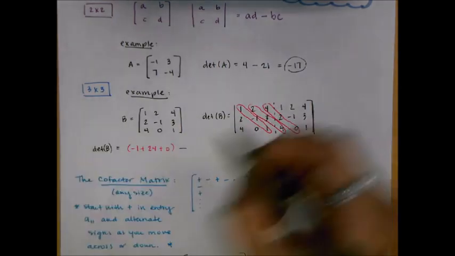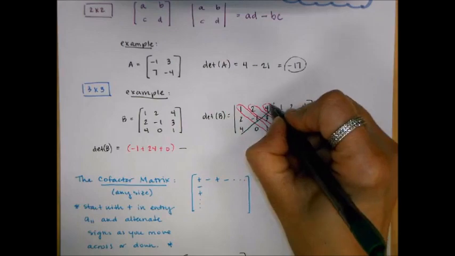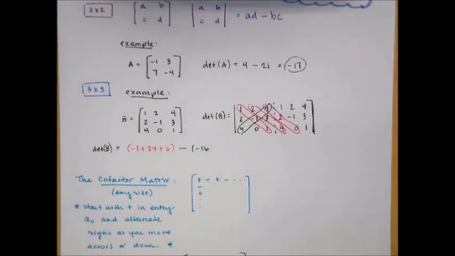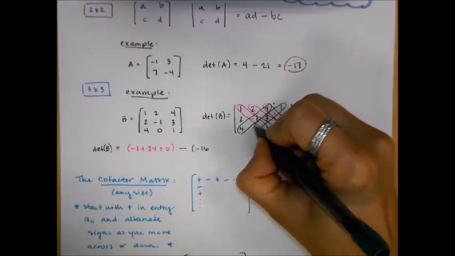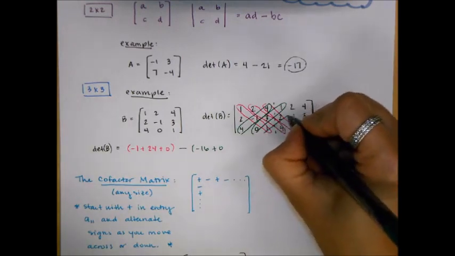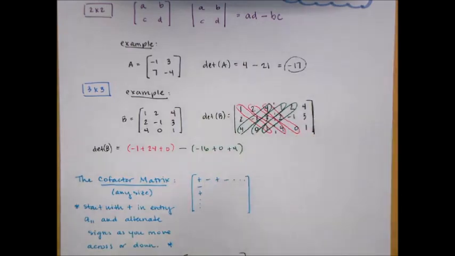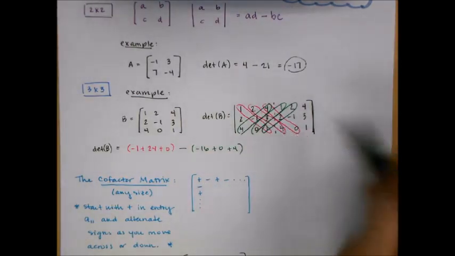So we'll start here in this bottom corner, 4 times -1 times 4, -16. The next diagonal is 0 times 3 times 1, which is 0. And the last one, 1 times 2 times 2, which is just 4. And so all the numbers end up getting used.